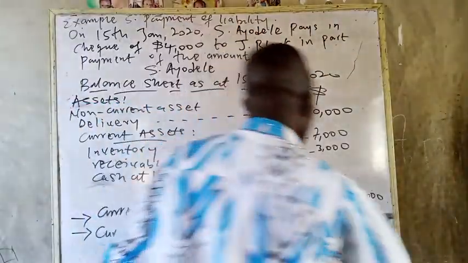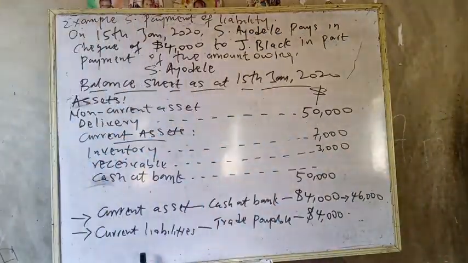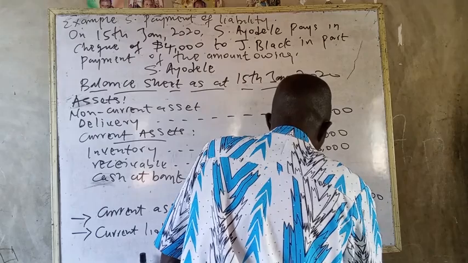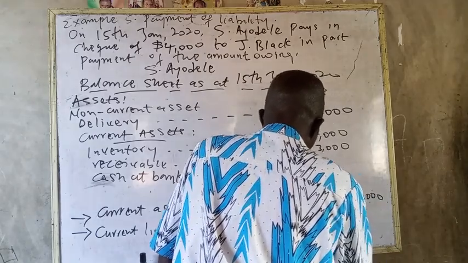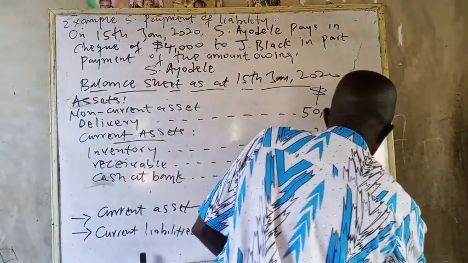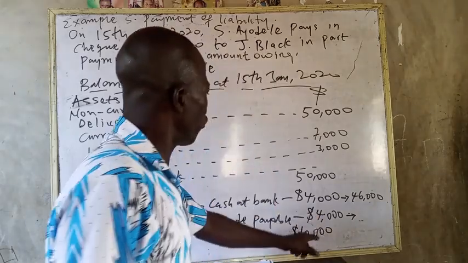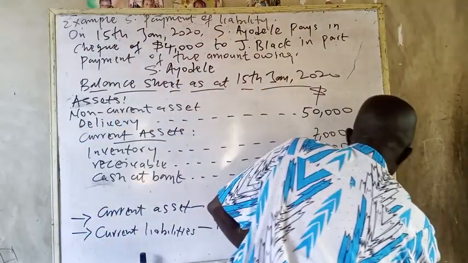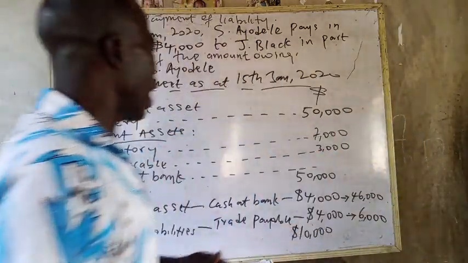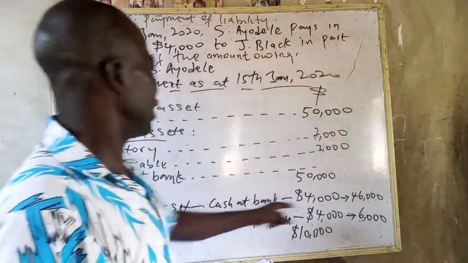What did we have there before? We had $10,000. When you remove 4,000 from 10,000, it's going to remain $6,000. So the new amount that we are going to have now in our current asset is 46,000.